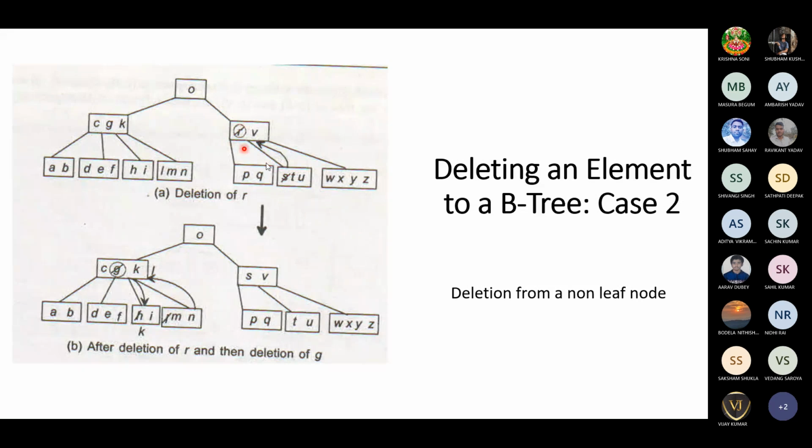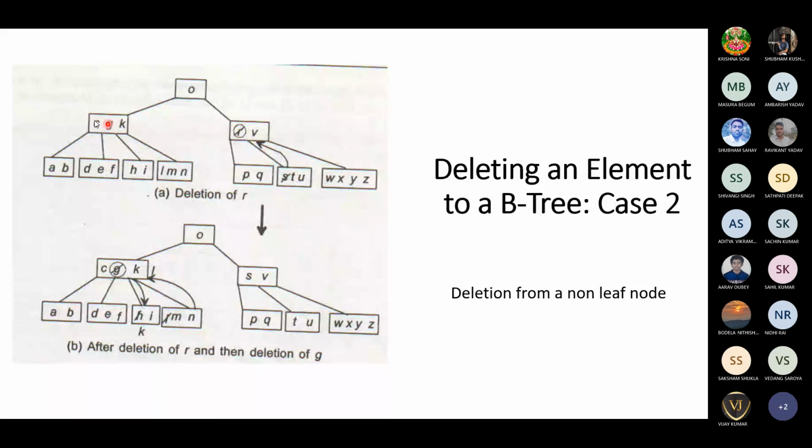When R is deleted, S will replace it in this case. So T, U, W, X, Y, Z, there is no problem. This will be sufficient, and the neighbor sibling nodes also have at least m/2 minus 1 values. There is no problem here. Okay, this is number 1.